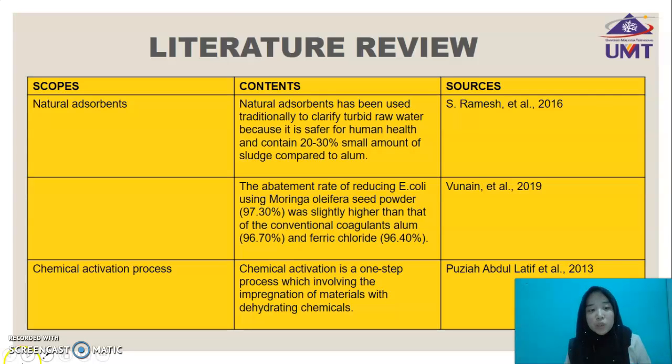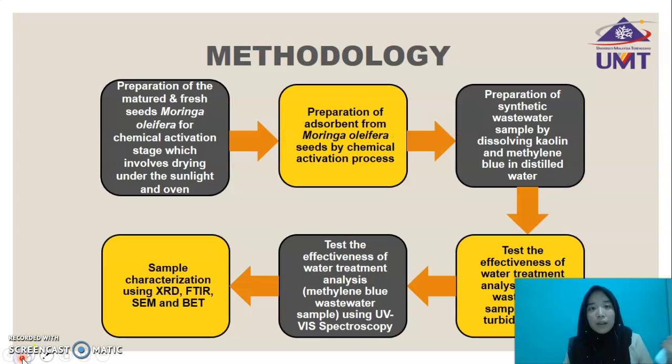This is my literature review, and this is my methodology. First, I prepared the matured and fresh seeds of Moringa oleifera for chemical activation, where I dried the seeds under the sunlight and in the oven. Then I prepared the adsorbent by mixing the seeds with H2SO4.